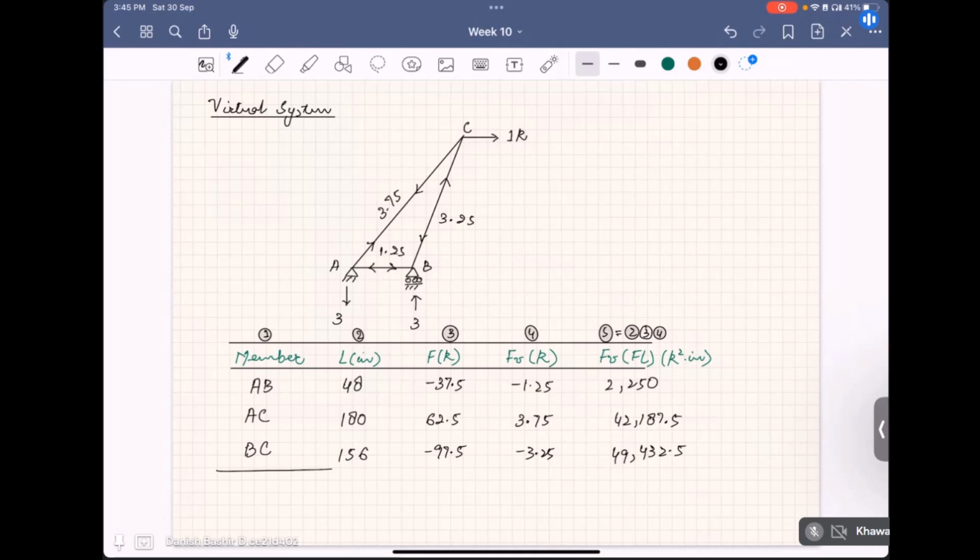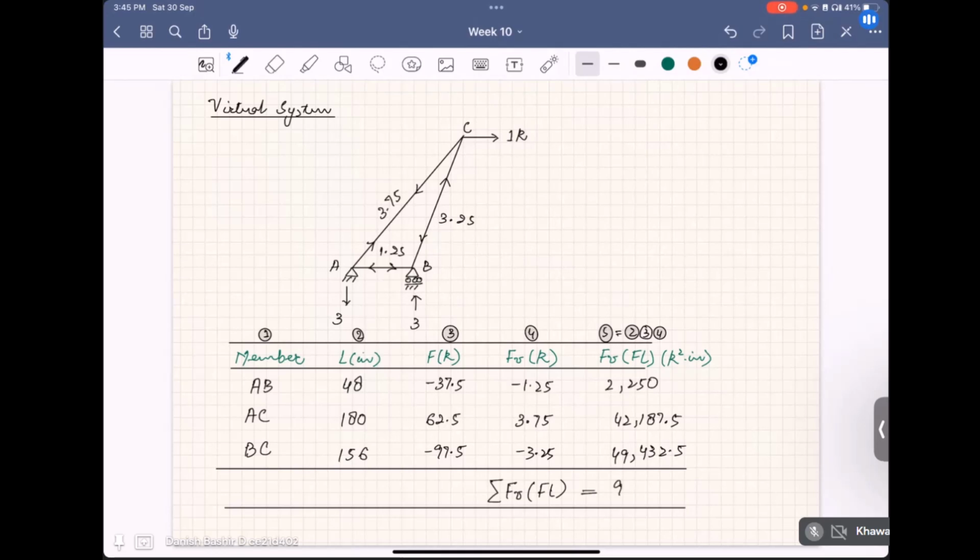So what we have to do is take the summation of these values, summation FV times FL, and when we sum this it will come out to be 93,870. Its unit will be kilo pound square inch.